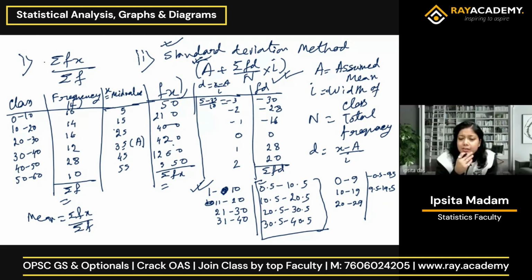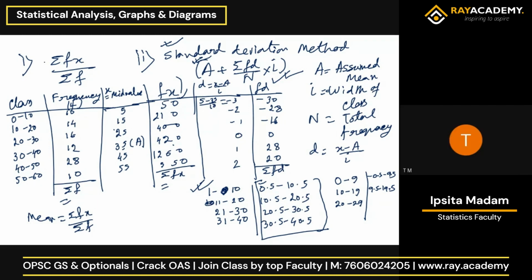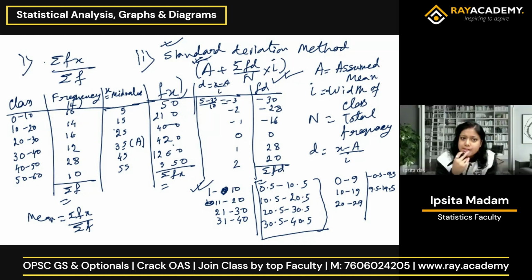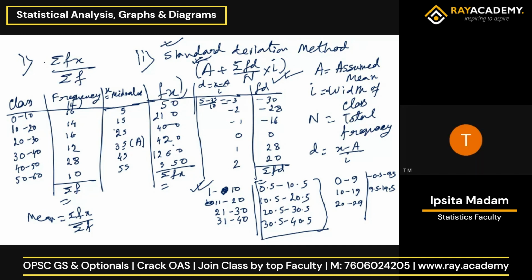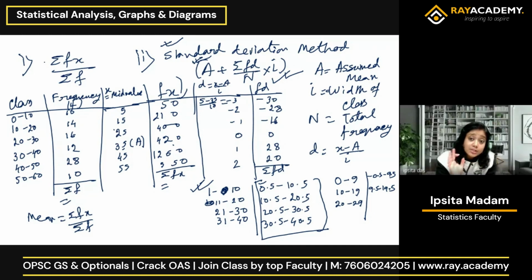In single digit data there is no need for standard deviation. So we can directly find the mean there. Just follow summation fx by summation f if you have the frequency. If there is no frequency, just the data, it is the normal average: the sum of the numbers divided by how many numbers.